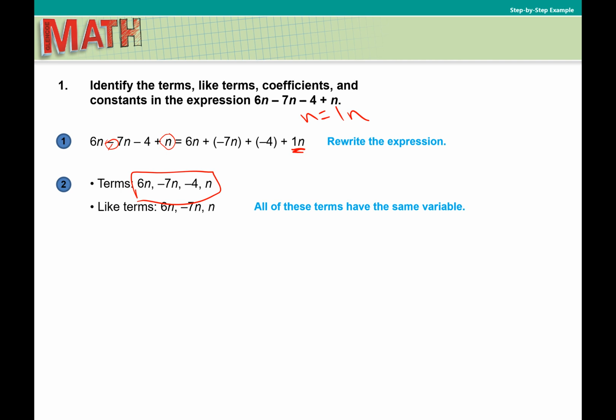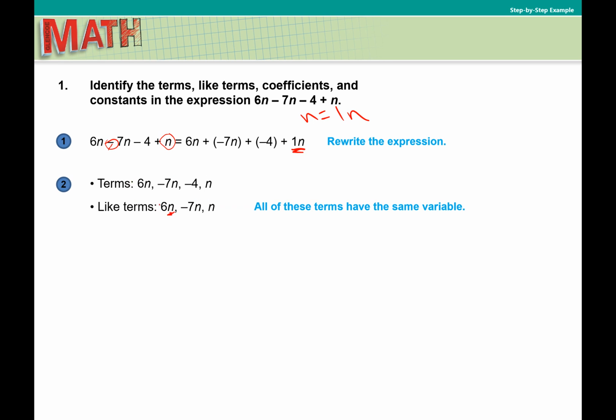Now what we mean by like terms are any terms that have the same variable. Now, a variable is a letter, and what that means is that what we plug in there can vary depending on the situation. So n might be 2, n might equal 7, n might equal negative 2.5. That can vary, but then this part, let me erase that so you can see.